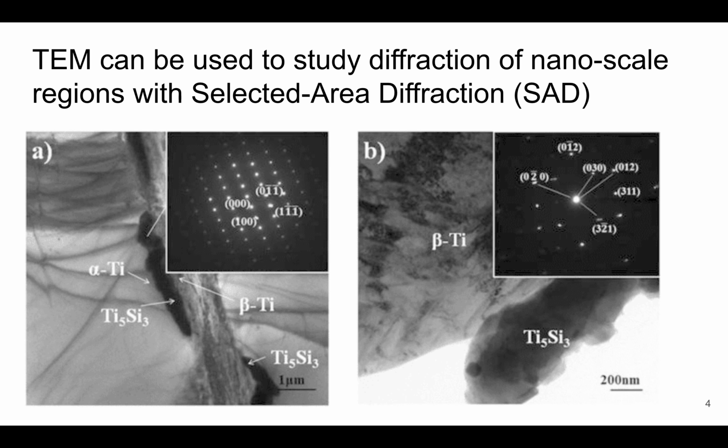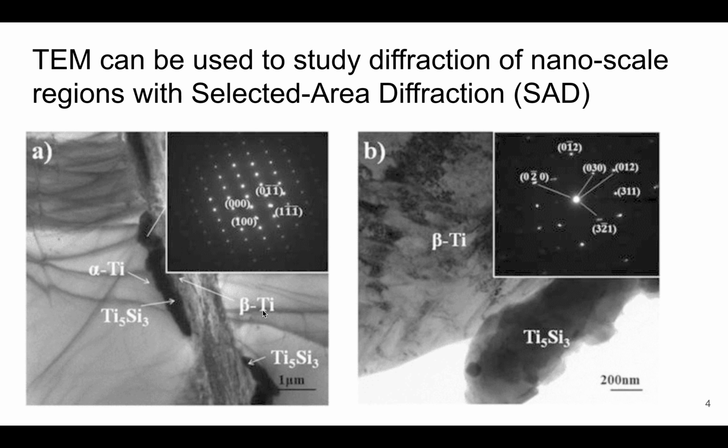Additionally, one of the big features of TEM that makes it extremely useful is that we're able to study diffraction of nanoscaled regions. We can do diffraction with something like XRD, but this allows us to look at the diffraction of very small regions, and so we can really pick the region that we want to look at.